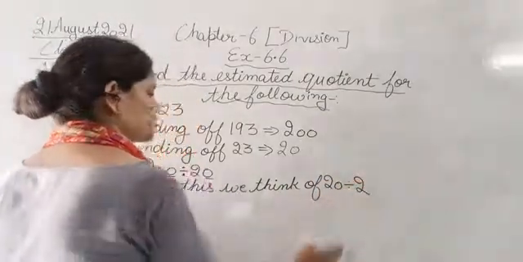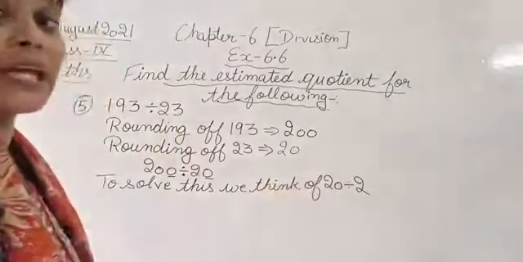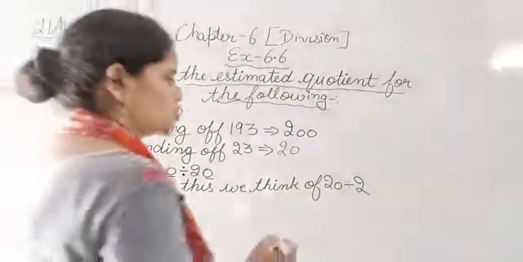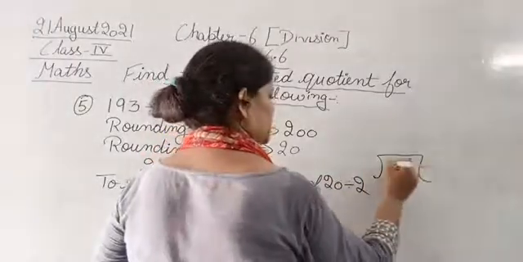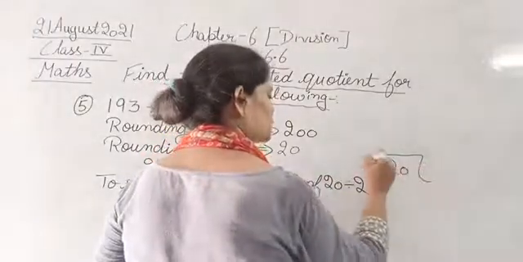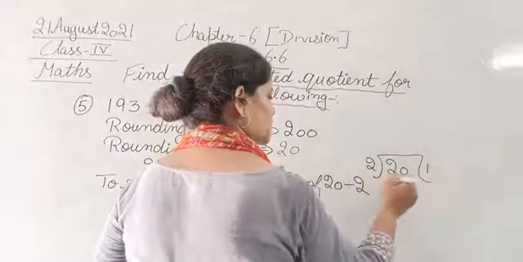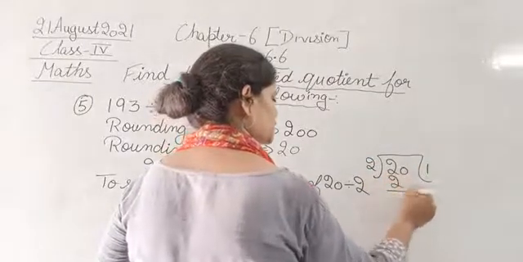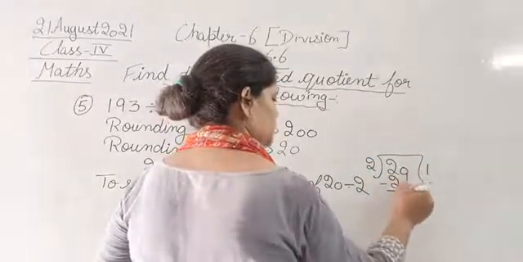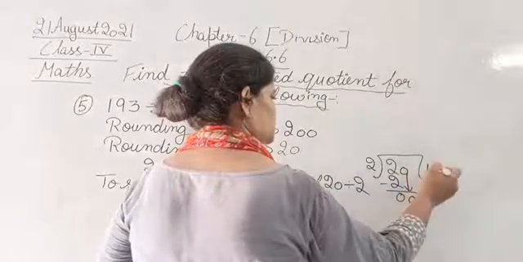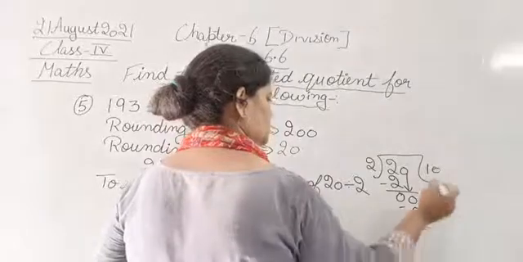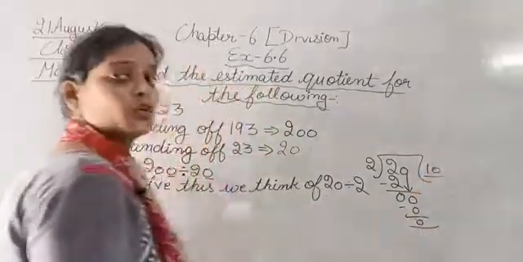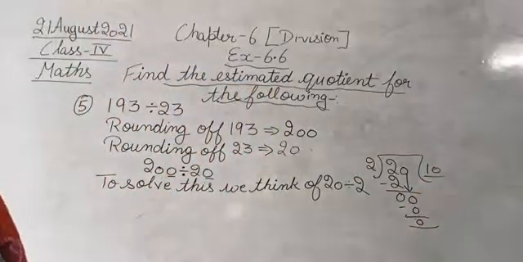We removed one zero from both, so 200 becomes 20 and 20 becomes 2. Now we can easily solve 20 divided by 2. 2 ones are 2. Bring down 0. 2 zeros are 0. So the estimated quotient is 10.